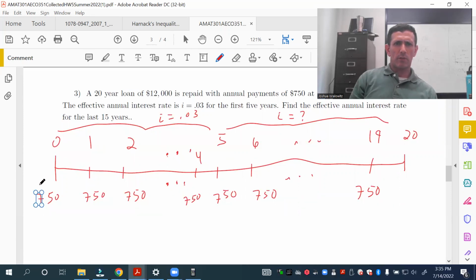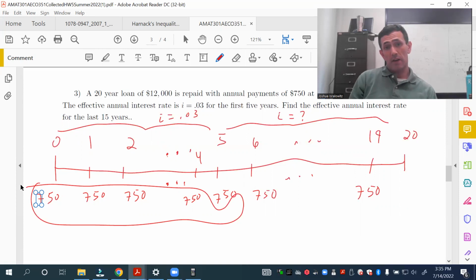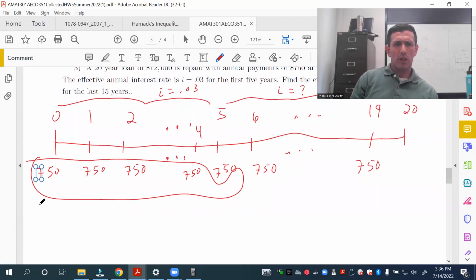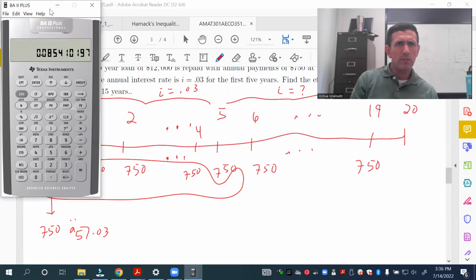So we first look at the first 5 payments, 0, 1, 2, 3, 4. That's 5 payments, and the payment periods end at t equals 5. So I have an annuity due. This is simply 750 A double dot 5 at 3%, and let's see what that is.